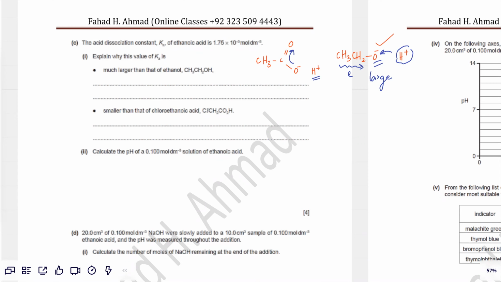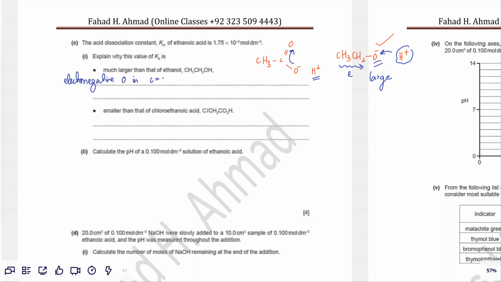So the explanation, the way you're going to write this is, because there's just two lines, you're either going to mention the alcohol or the carboxylic acid. So we can talk about the carboxylic acid. So you can talk about the electronegative oxygen.